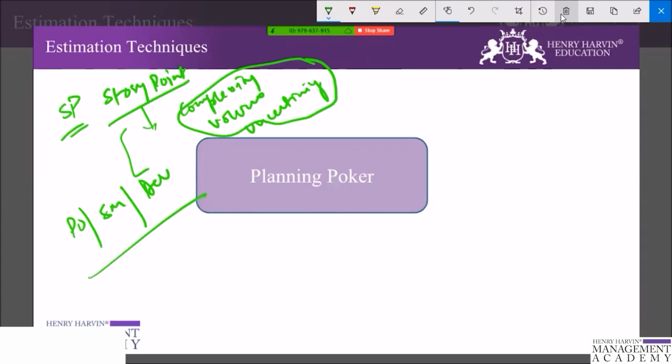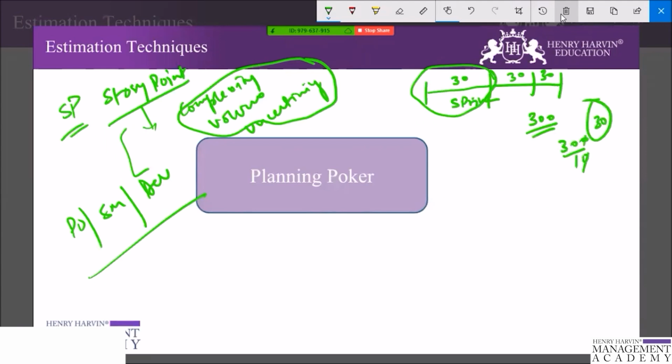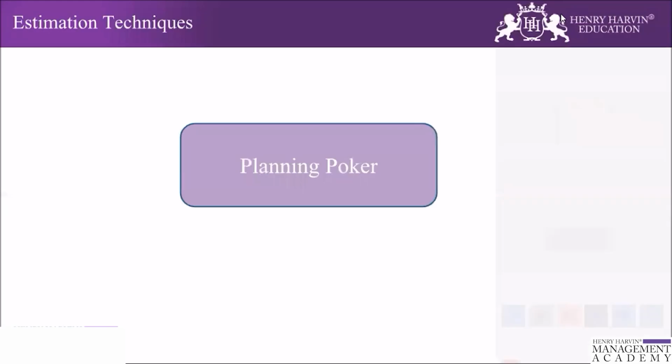So how do we use this story point concept to plan the overall project? Suppose in one sprint the team is delivering 30 story points, and that becomes their sustainable pace, for example. So we can say that this team is going to deliver 30 story points in a sprint, and if the estimation of the project is 300 story points, which means that it is going to be complete in, sorry, 10 sprints, because it's divided by 30.